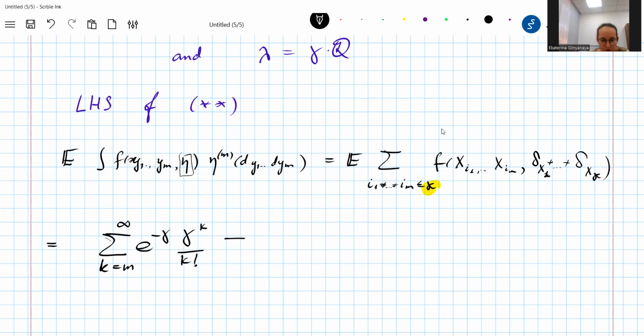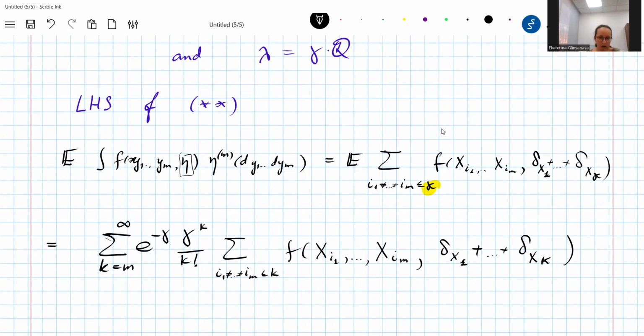So here I just write the same, not less than k, and here now I know the exact number of summands: delta x_1 plus and so on plus delta x_k. This is k. And I forgot the expectation somewhere.